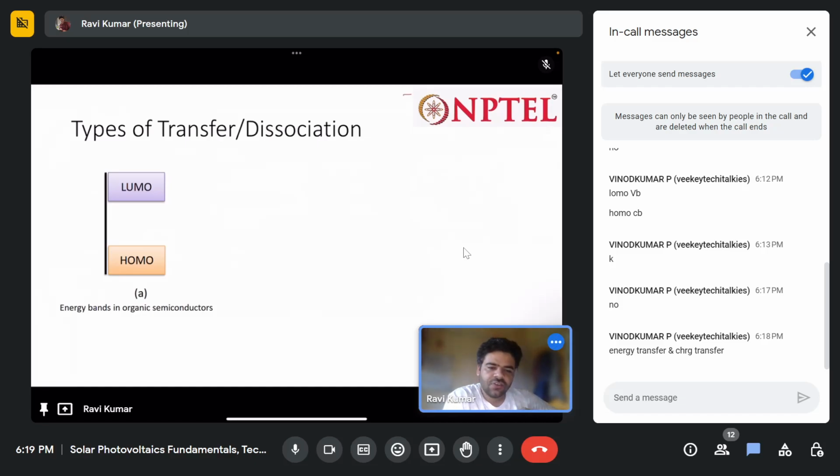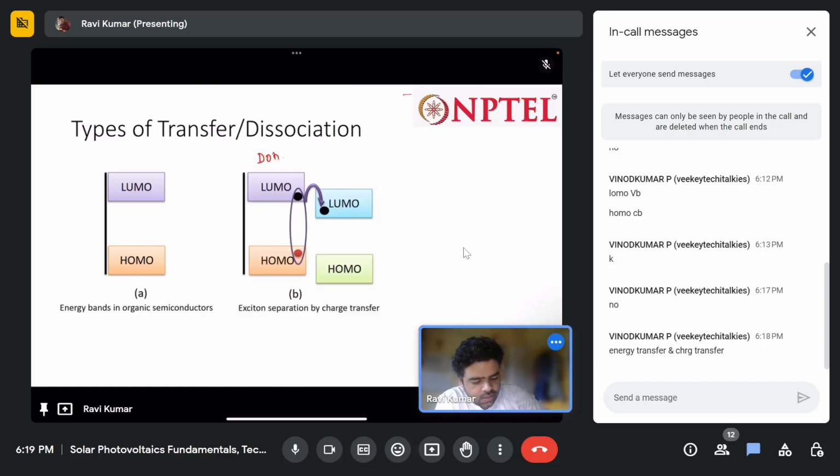See, the first one is, as I was saying, from donor to acceptor. The charge needs to transfer. From a higher level to a lower level, this electron goes this way. So that is charge transfer only. So this mechanism is known as charge transfer.